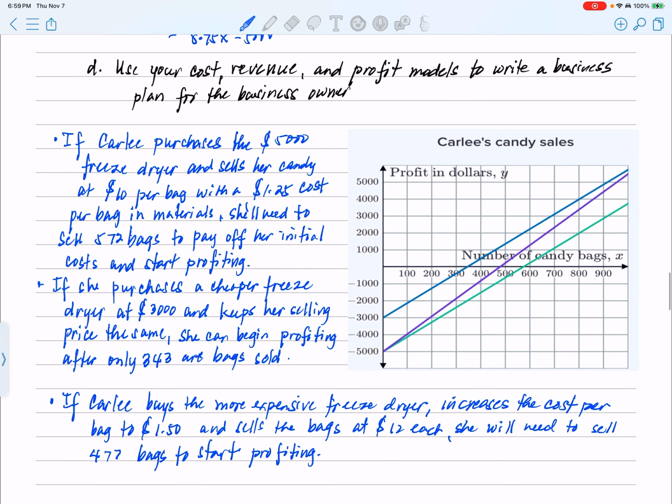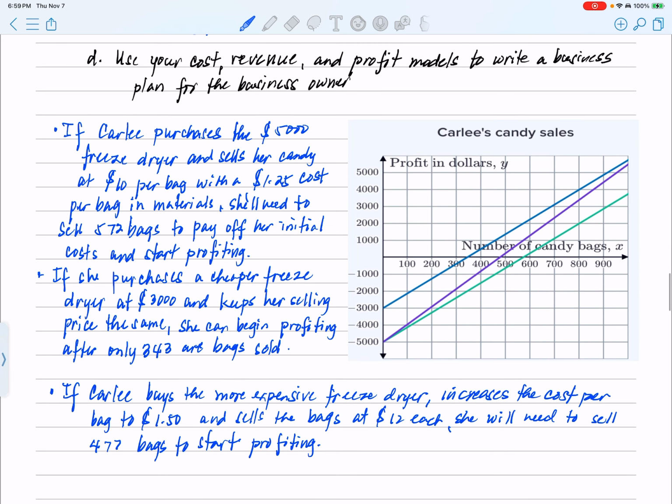If Carly purchases the 5,000 freeze dryer and sells her candy at 10 per bag with a 1.25 cost per bag in material, she will sell 572 bags to pay off her initial cost and start profiting.